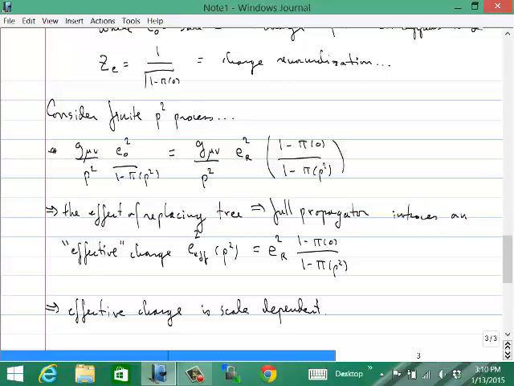Any questions on that? Yes. Is this real now too? Yes, absolutely. I mean, this is one of the most important. So the fact that the coupling constants in your theory are effectively scale dependent is perhaps the most important fact we're going to learn this semester.